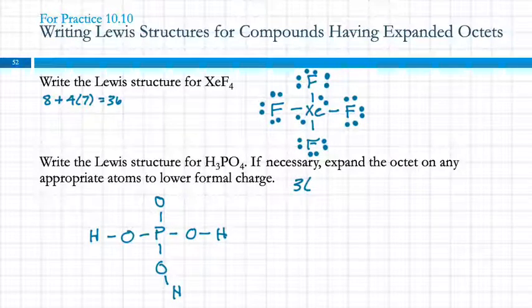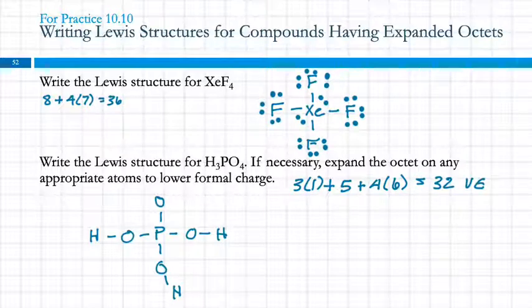So each hydrogen has 1, and phosphorus has 5, and oxygens have 6. It's 24 and 8, that's 32. So 2, 4, 6, 8, 10, 12, 14, 16, 18, 20, 22, 24, 26, 28, 30, 32. Yay! Came out even. But wait, there's more.